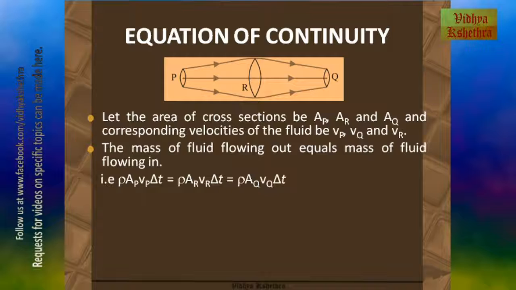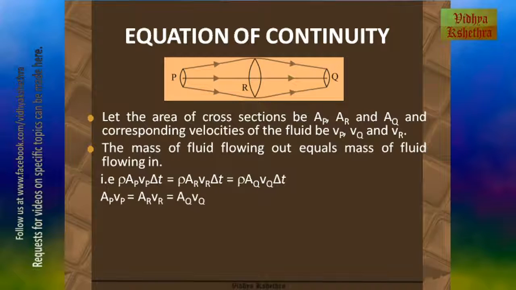That is, the mass of fluid is given by density into volume, which is rho into AP VP delta T for an infinitely small time interval delta T, is equal to rho AR VR delta T, is equal to rho into AQ VQ delta T. For an incompressible fluid, the density remains the same.